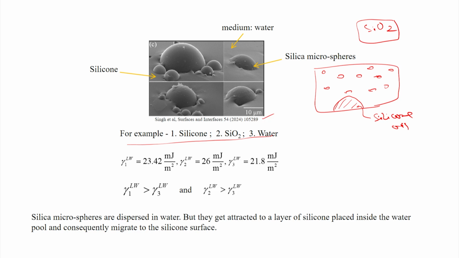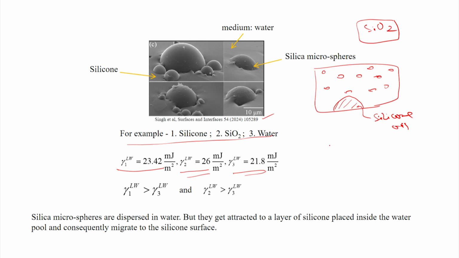For example, over here gamma 1 LW is basically silicone, so the silicone has the energy of 23.42 millijoule per meter square. Gamma 2 is the silica particle, which, whatever the surface condition, has a surface energy of 26 millijoule per meter square, and gamma 3 is water, 21.8.